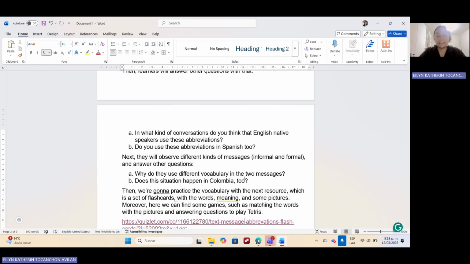The idea is that they understand that in Spanish, as in English communication, there are many different ways to express ideas according to the place and the people. It isn't the same to talk with a teacher or a boss as with your friends in the street. So the idea is that they recognize this kind of communication.